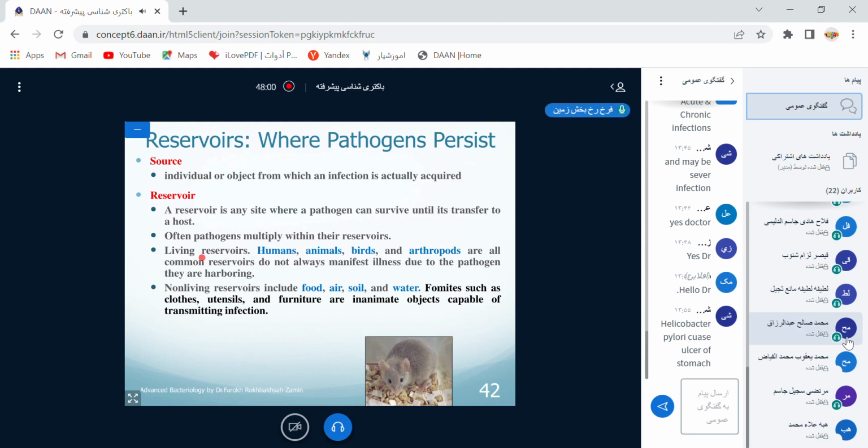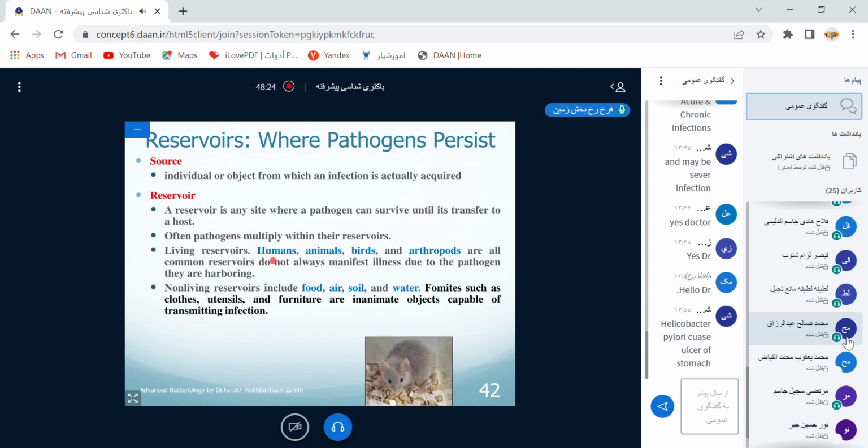Living reservoirs, like what? Sometimes humans, animals, birds, arthropods are all common reservoirs, and don't always manifest illness from the pathogen they are harboring.